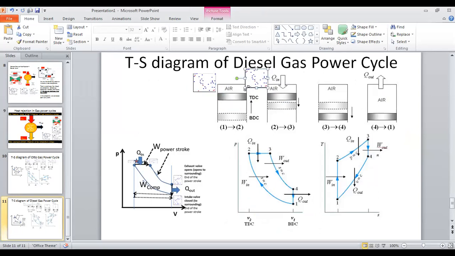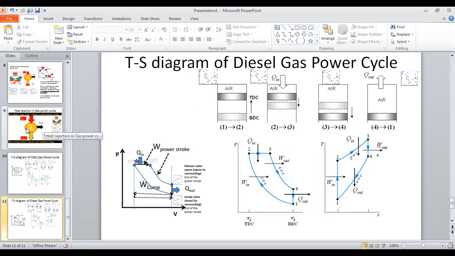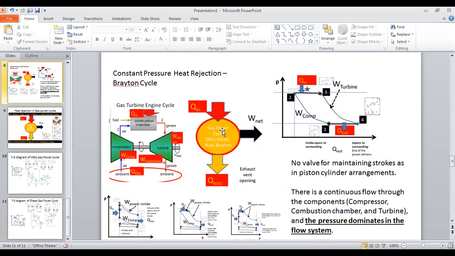This piston cylinder arrangement works on facilitating or supporting this working fluid to perform work by receiving thermal energy, and of course there will be a loss as well.